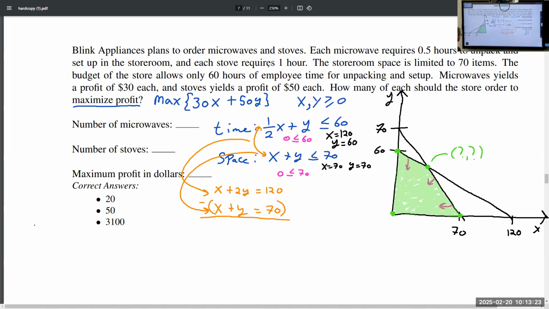So x minus x is 0. 2y minus y is y. And 120 minus 70, I guess, would be 50. So it seems like y equals 50 for the intersection.